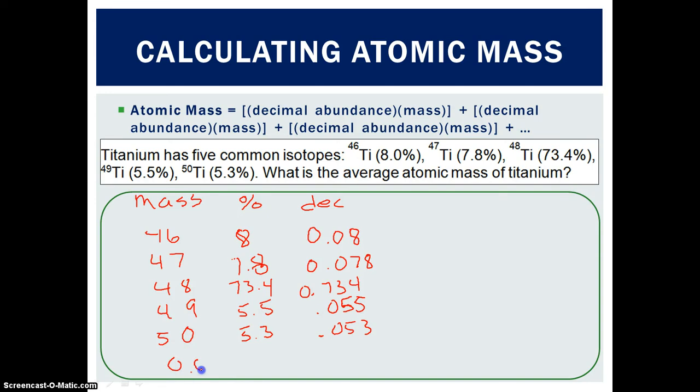So 0.08 times 46 plus 0.078 times 47 plus 0.734 times 48 plus 0.055 times 49.